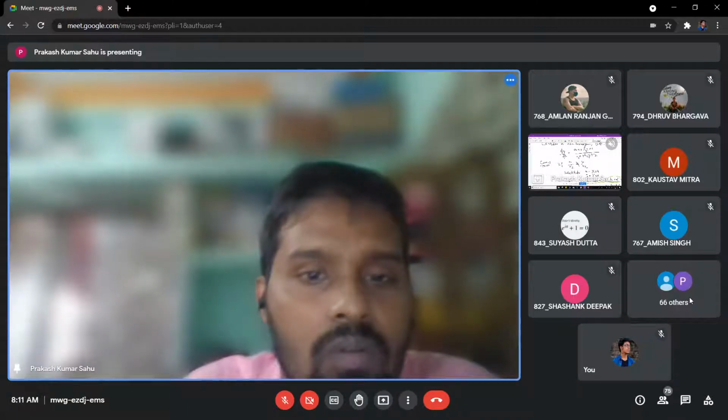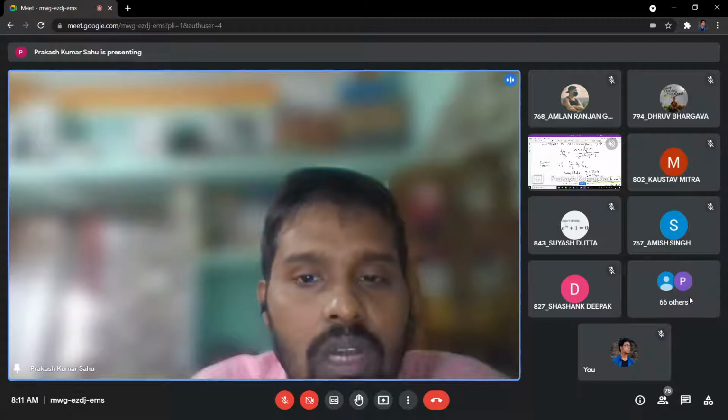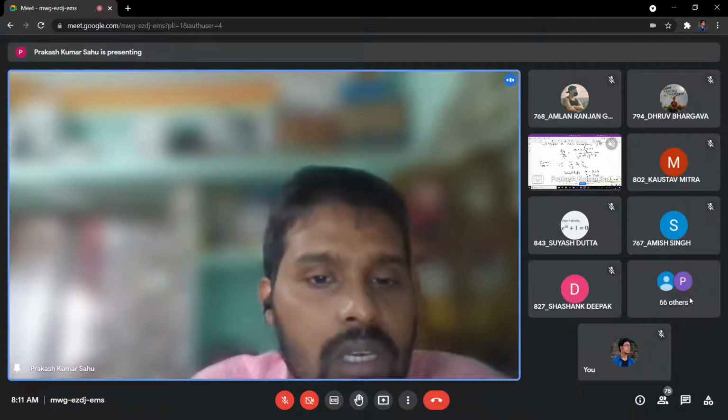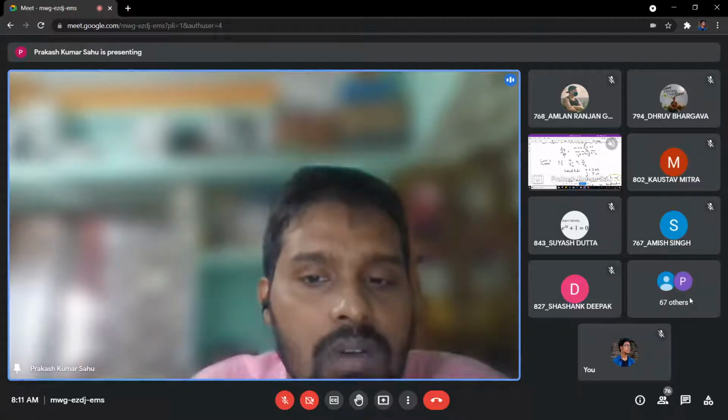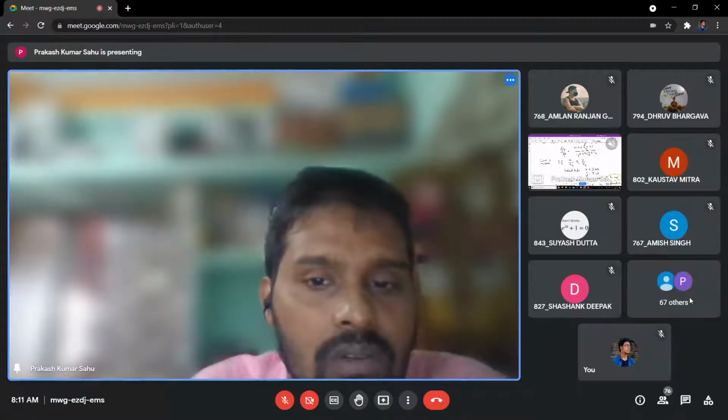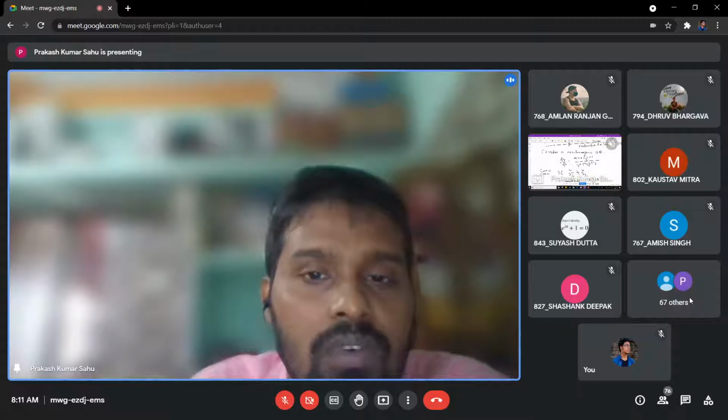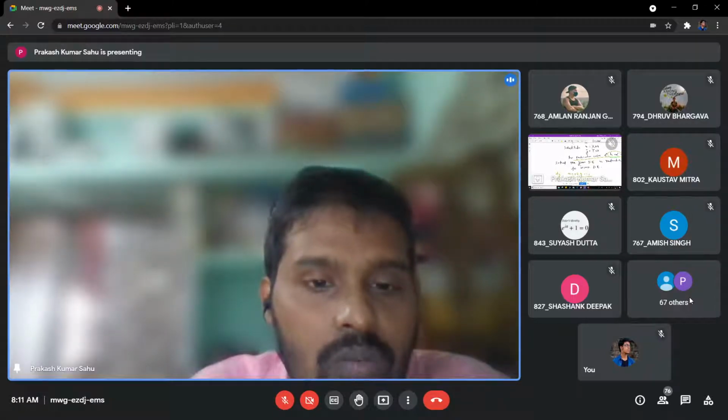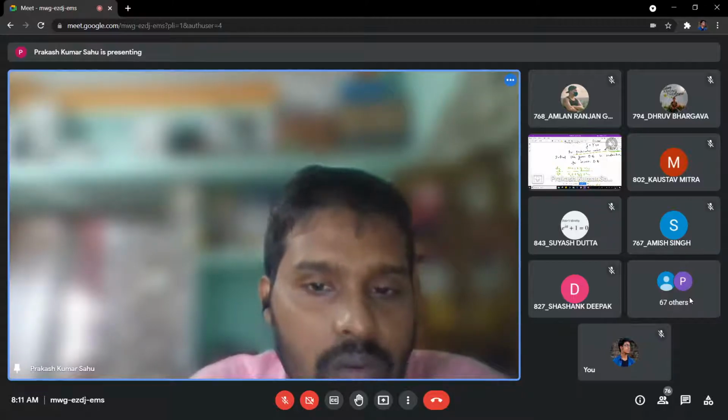One is a2 not equal to b1 by b2. This is case one. In that case, you have to put x equal to x plus s and y equal to y plus k. Then this differential equation reduces to homogeneous, and homogeneous again reduces to separable ODE.